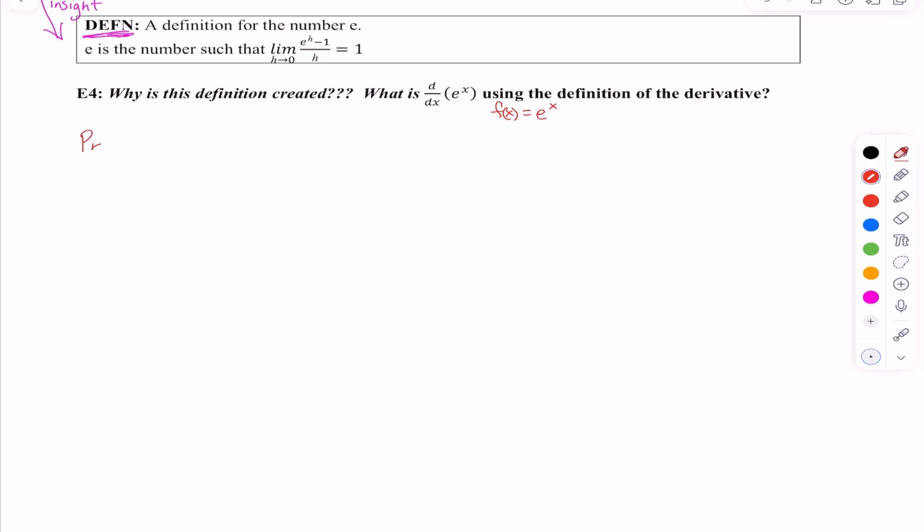Let's start with this expression here. Literally the definition of a derivative function, and we simply substitute. We simplify the next expression.